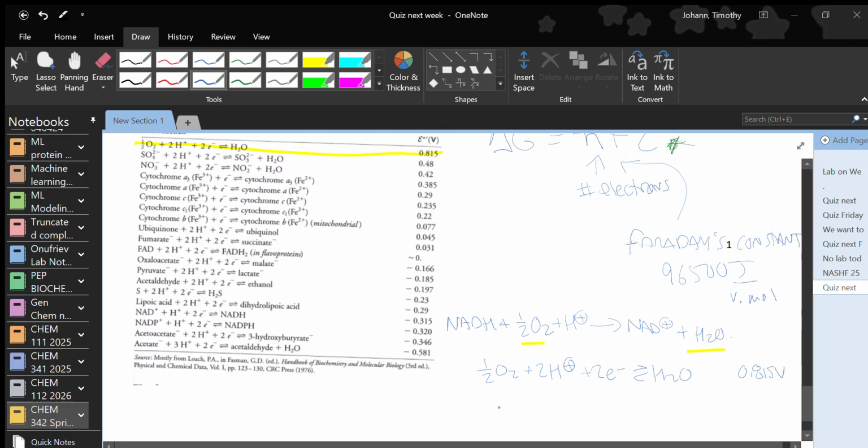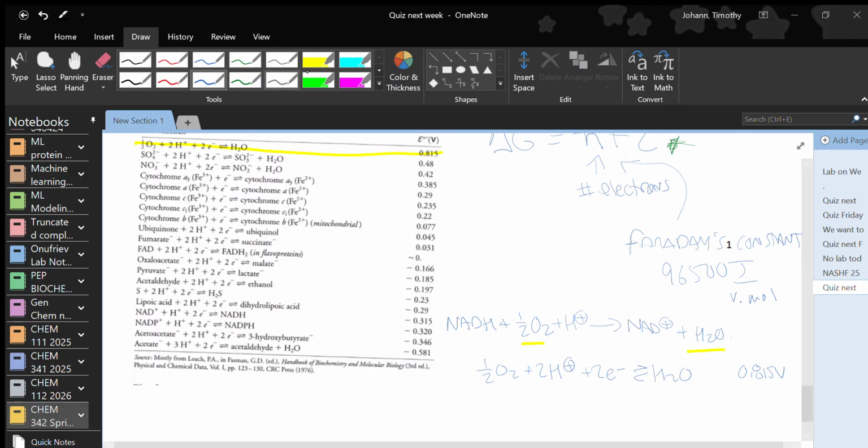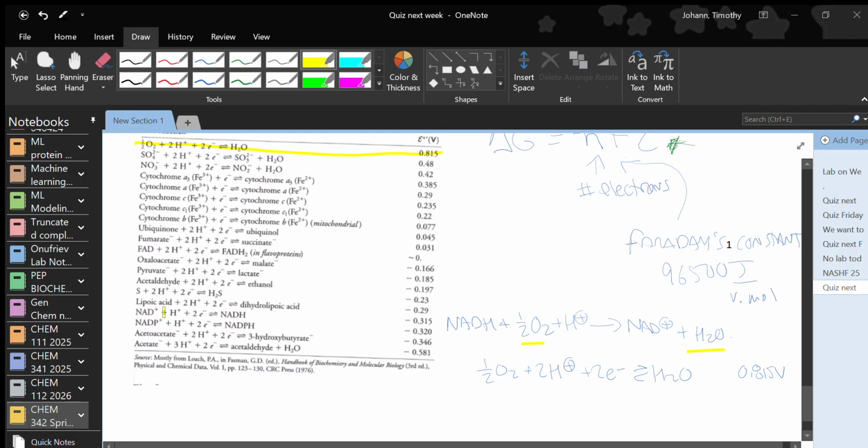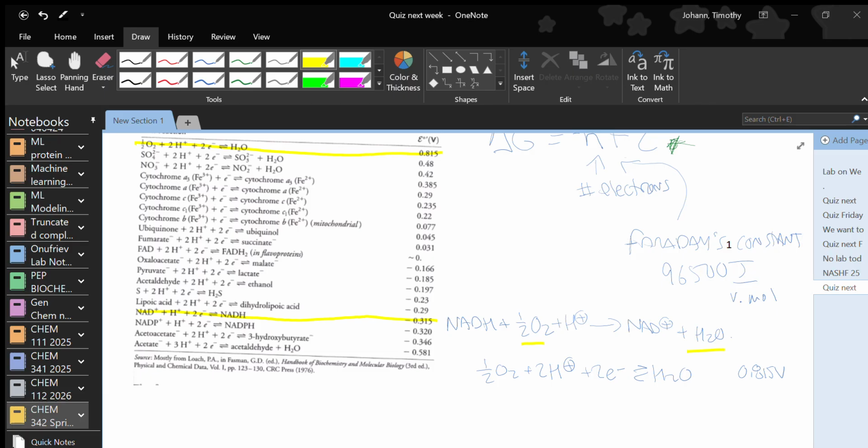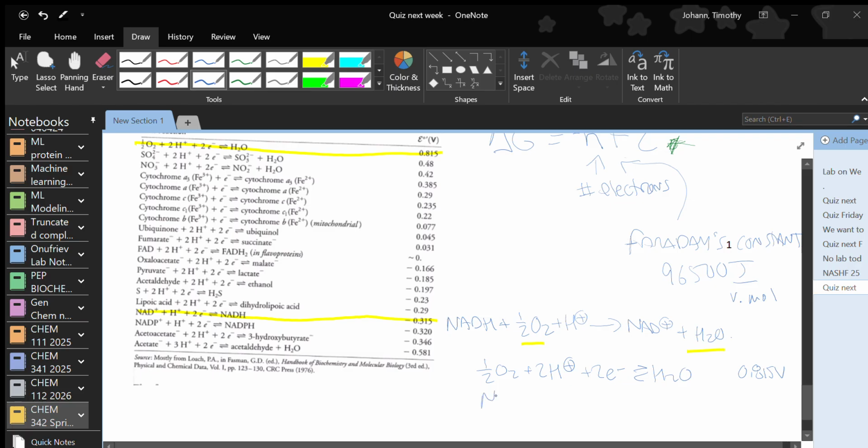And then our other reaction here, this is a reduction potential. So it's being reduced, but is our NADH being reduced? No, it's the reverse reaction. So we need to flip it, and then we also need to flip the sign of our potential. And so that's going to be 2 electrons.